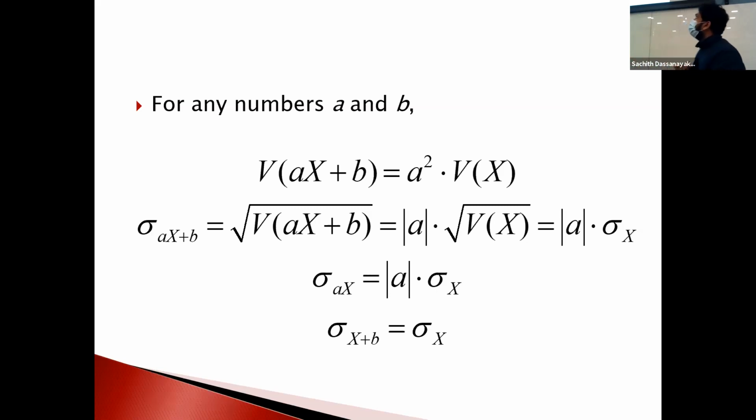So here's the deal. The variance of any constant is 0. So simply the variance of b is 0. So you have only the variance of aX. Any constant joined with the variable, you can take that constant out from the variance.